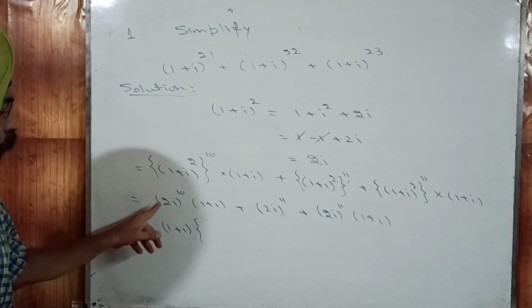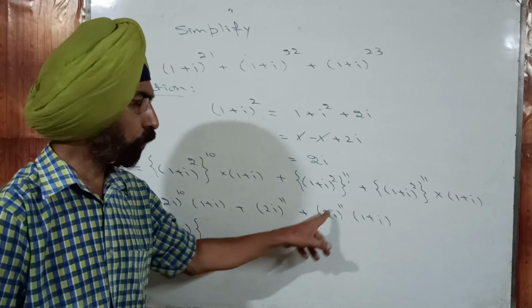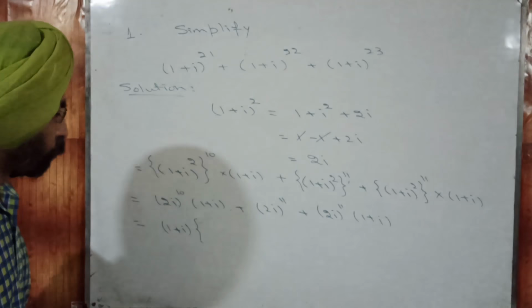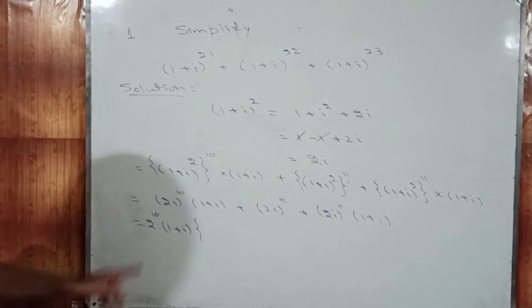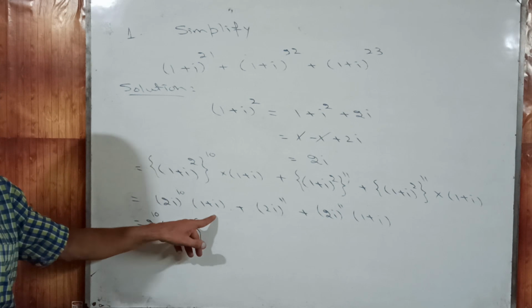Also, 2 raised to the power 10 is here, 2 raised to the power 11 is here. So 2 raised to the power 10 can also be taken as common. So 2 power 10 is common, 1 plus iota is common.